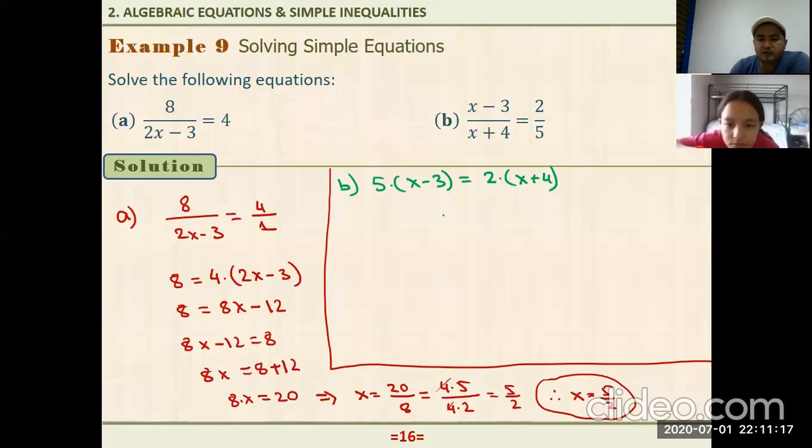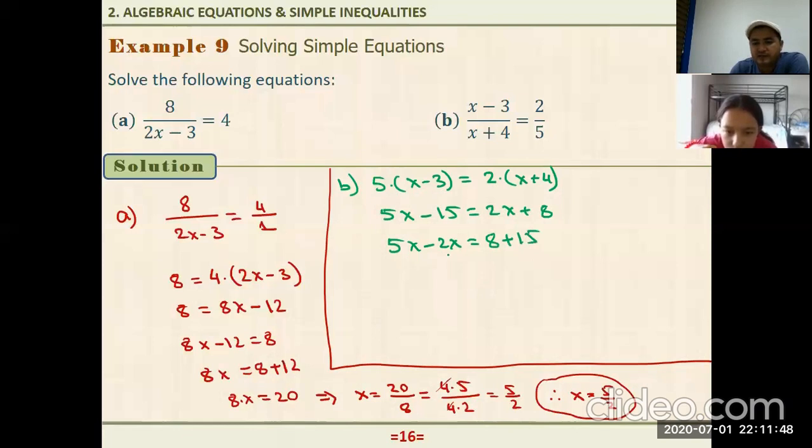Now we know how to clear the brackets. 5 times x, 5x minus 5 times 3, 15. And 2 times x, 2x plus 2 times 4, 8. Now take 2x to the left hand side, so it will be minus 2x. Take this negative 15 to the right hand side, it is plus 15.